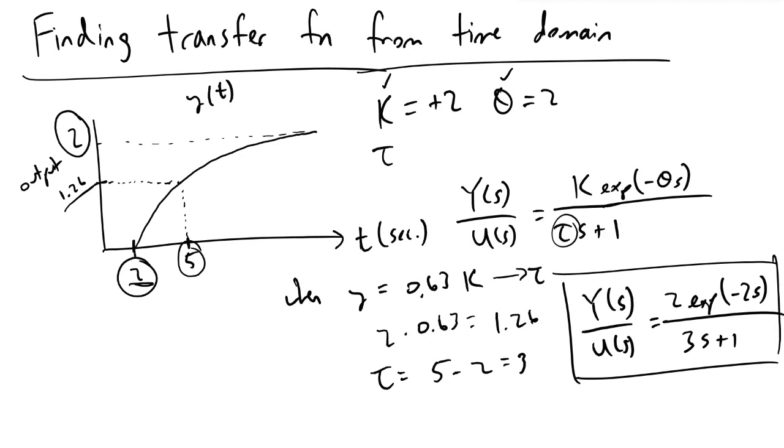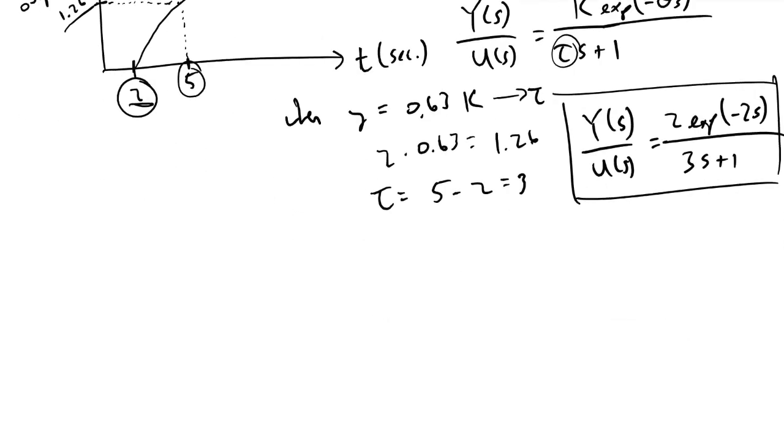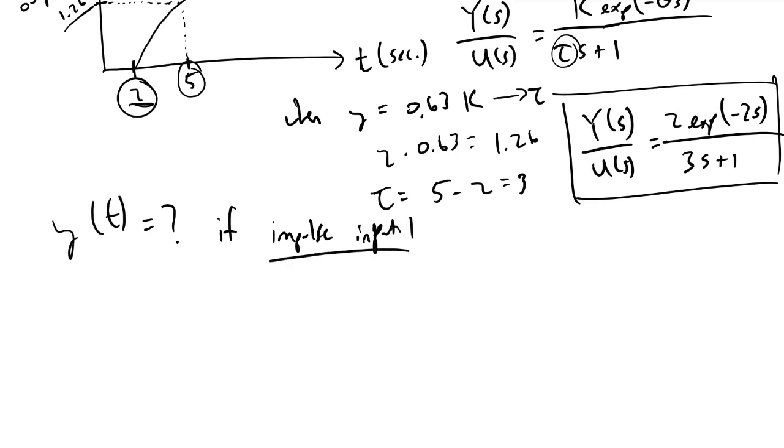And so now we're going to want to find the actual y of t value. y of t equals question mark if we subject our system to an impulse input. And what an impulse input means is that u of s is equal to 1.